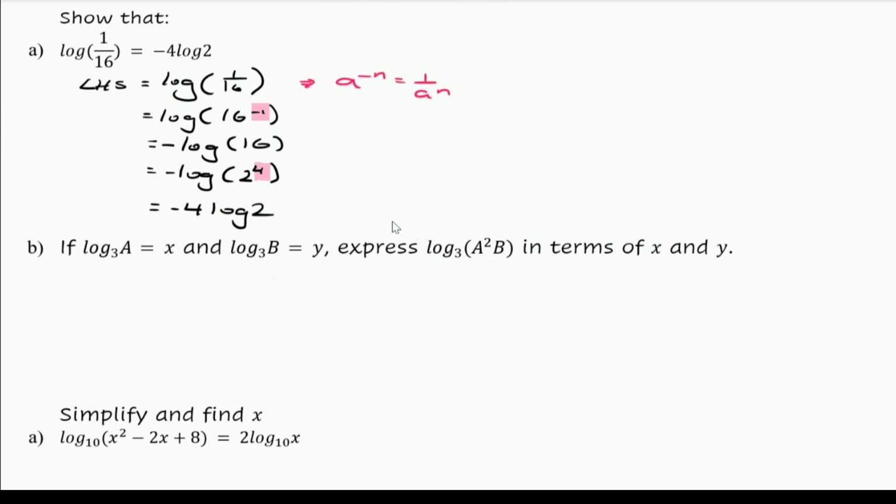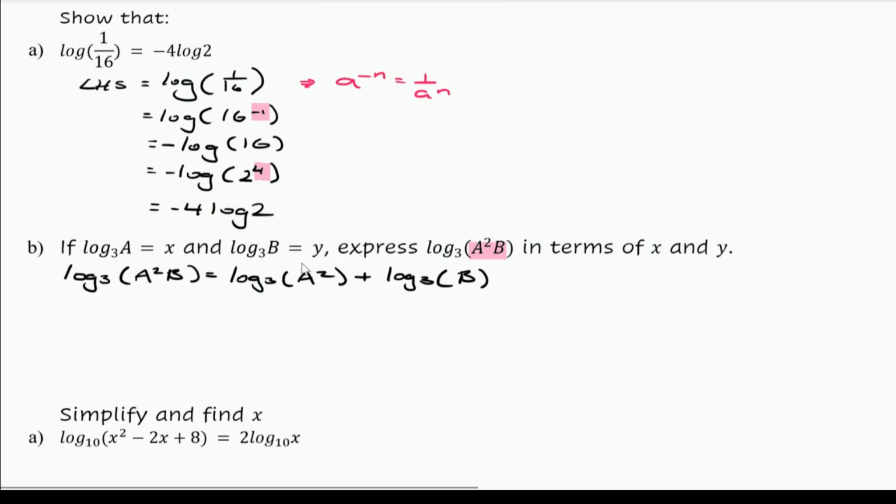So the first thing I'm going to do is separate this a squared and b using my log law number 4. So we know that this is just going to be equal to, so I've got log 3 of a squared b. Separating this gives me log 3 of a squared plus log 3 of b.